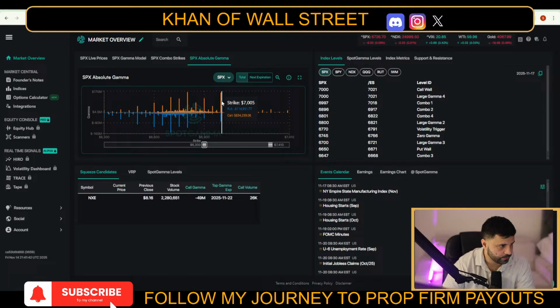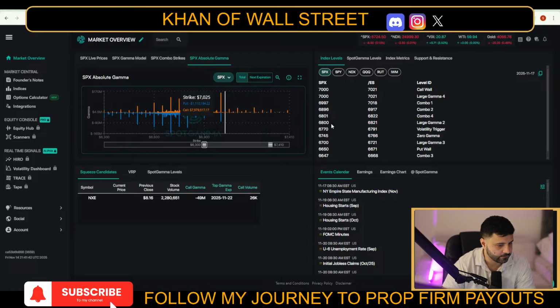So you know when SPX comes to 7,000, there's going to be a lot of hedging activity at this level. This is market makers' options portfolio. So you can see these big spikes, right? When the price is under them, they act as resistance; when the price is above them, they act as support.